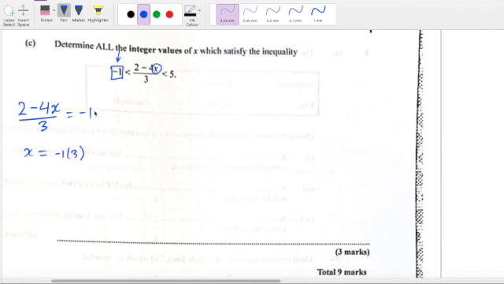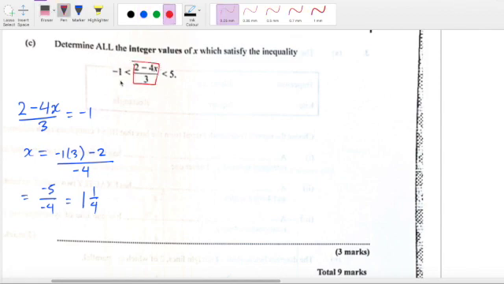And then you'll throw across the 2, so it'll become -2. And then you throw across the -4, so it'll become divide by -4. So I'll have -5 on -4, which is +1 1/4. All right, interesting. So when this thing is -1, x is +1 1/4. Okay, interesting.